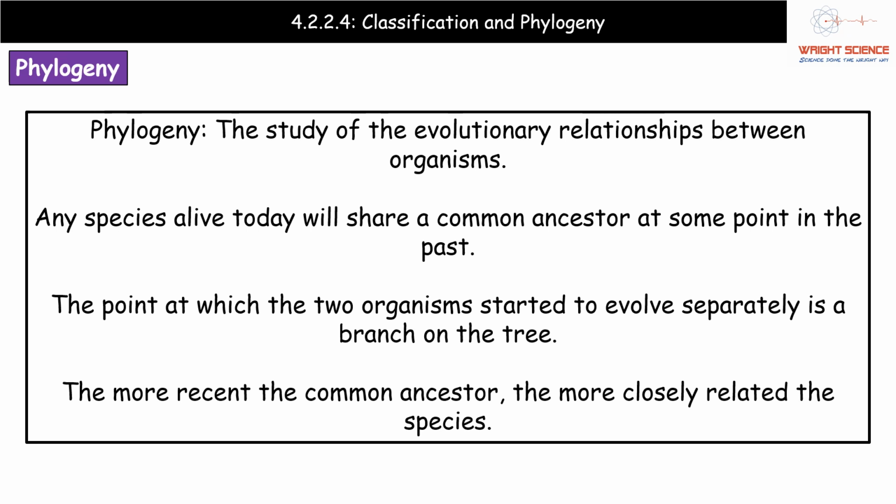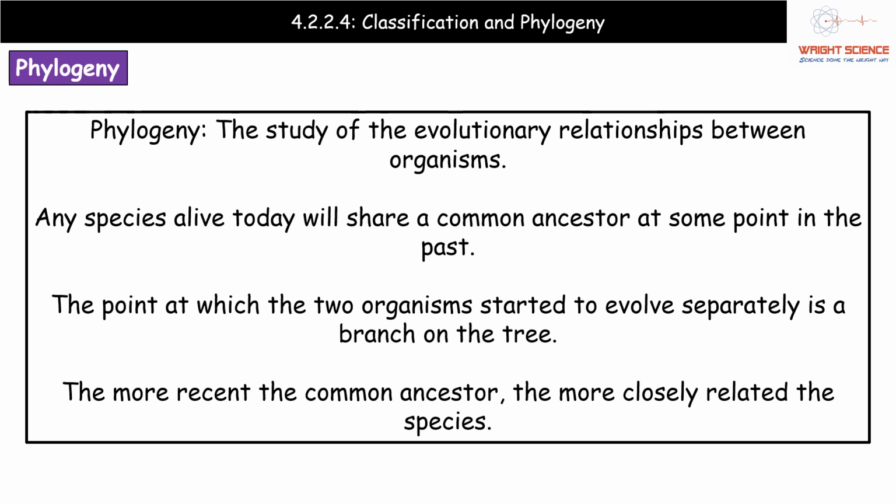What we're doing is we're literally trying to look at these organisms and go, right, okay, you two are more closely related than these ones, so you're going to be on a more similar branch of our little phylogenetic tree. What our phylogeny actually tells us is that any of the species currently living today will share a common ancestor at some point in the past.